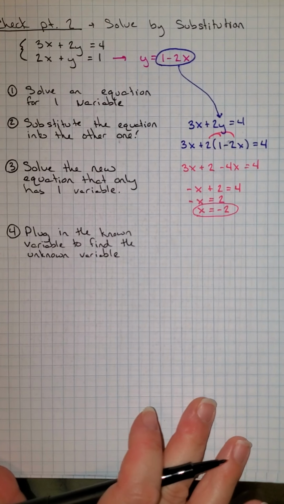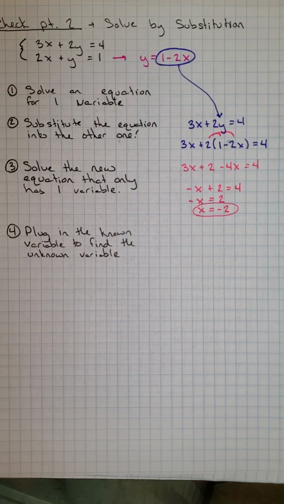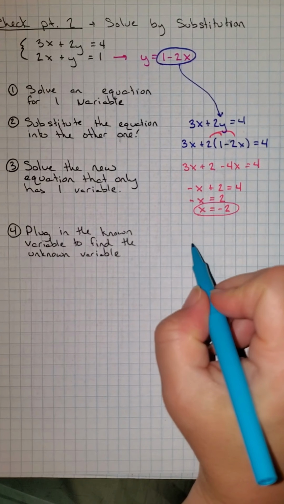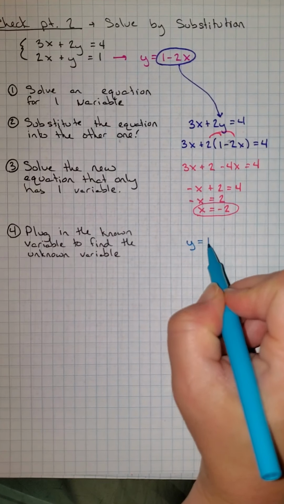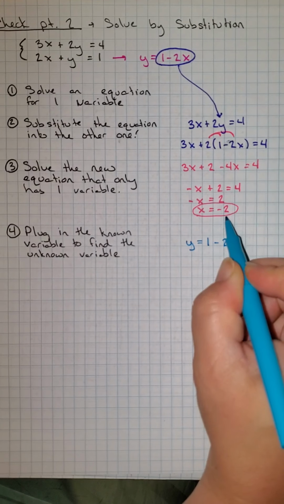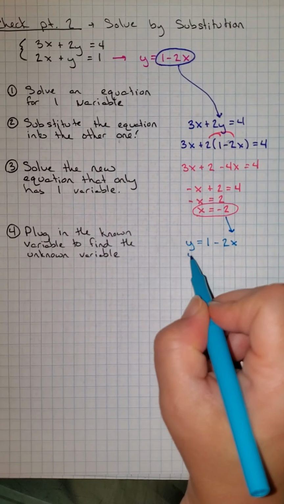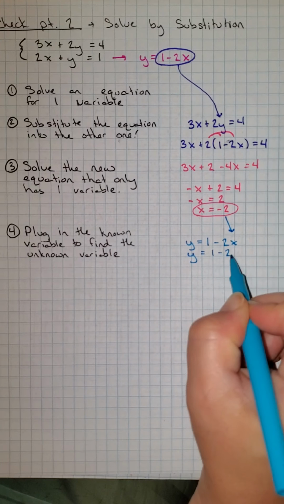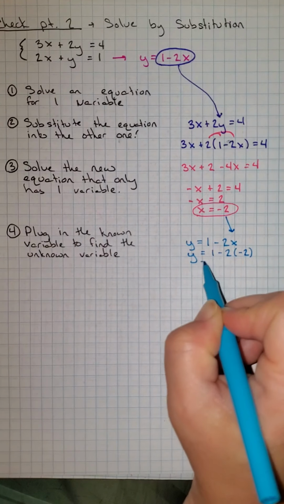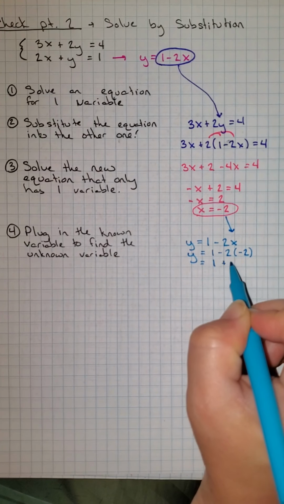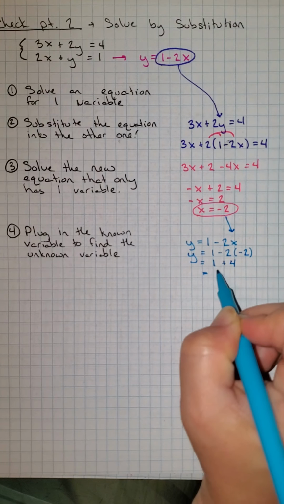Okay, and we actually know from above that y equals 1 minus 2x. So I'm going to use that, and I'm going to plug that in for x. So y equals 1 minus 2 times negative 2. So y is 1 plus 4, which is 5.